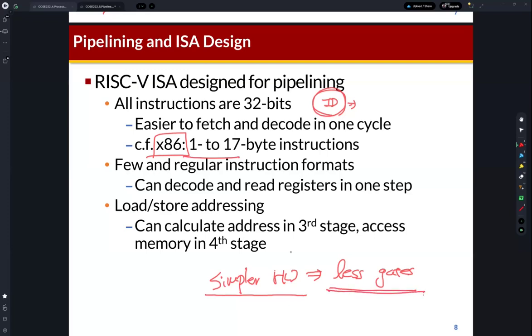When fewer gates are used, delta T, the delay, is also decreased. Each logic gate exhibits delay. And if we use fewer logic gates, the delay is also decreased, right? So using simpler hardware, we can improve the performance.